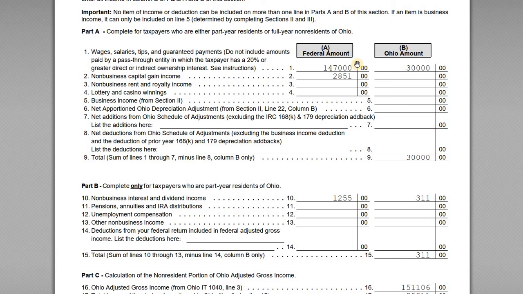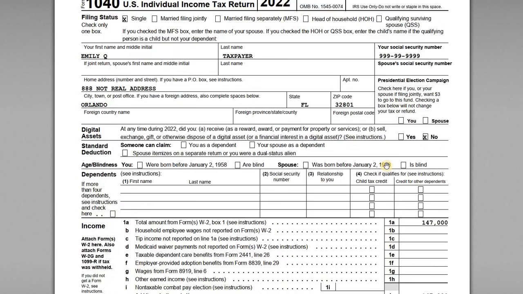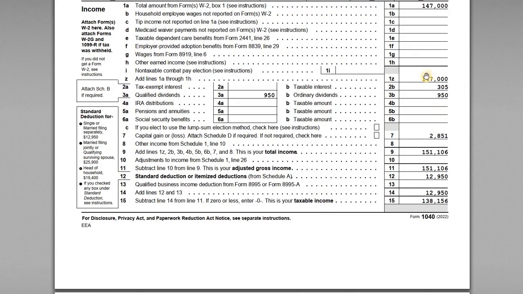So we can see here we've got the total federal amount of wages, the non-business capital gain income, so that's the capital gain income on the sale of the stocks, and then the total amount of interest and dividend income. So that's the $950 in qualified dividend income, and then the $305 in taxable interest income.